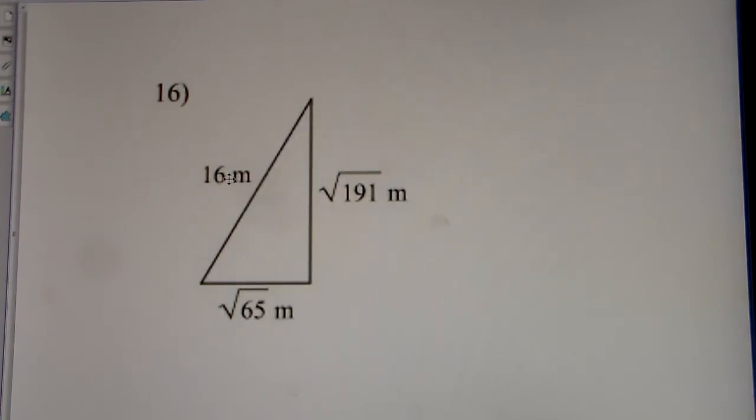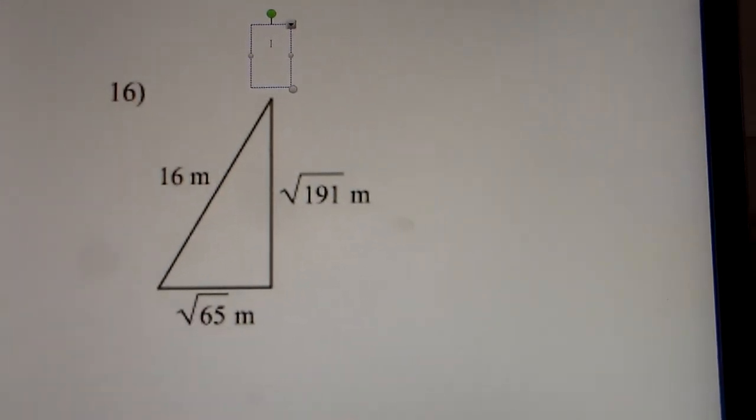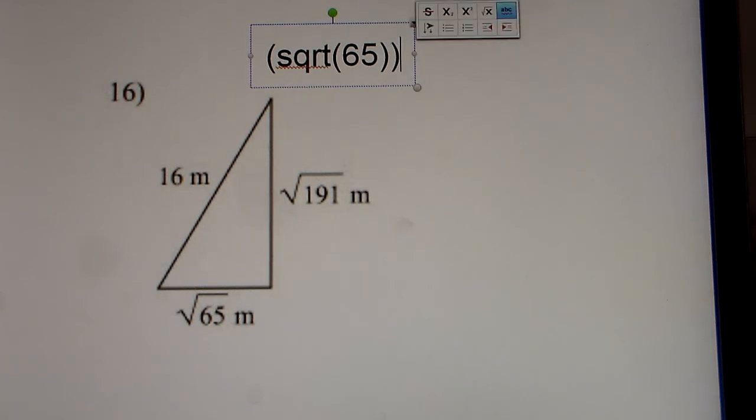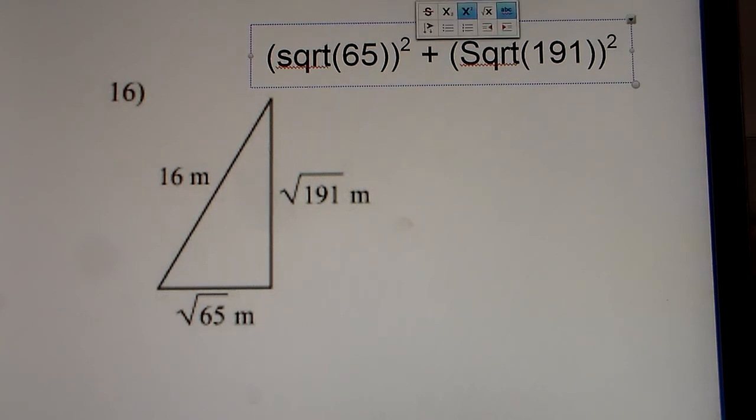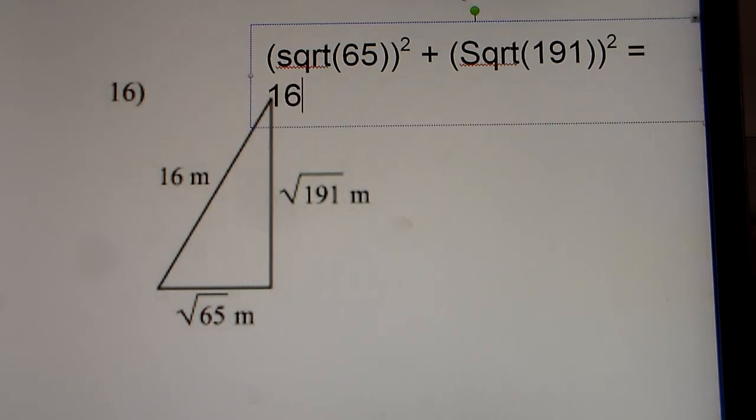Number 16. 16 is the biggest number of these three numbers. So I'm going to put 16 by itself. So a squared plus b squared equals c squared. The square root of 65 squared plus the square root of 191 squared is equal to 16 squared.